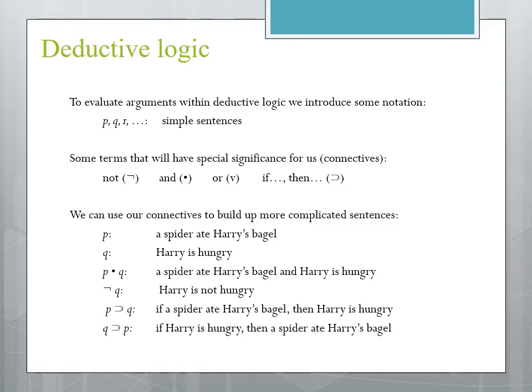It's probably a good idea at this point to play around with these ideas a little for yourself. So think up some simple declarative sentences and then construct some more complex sentences using some of those terms like not, and, or, if then.